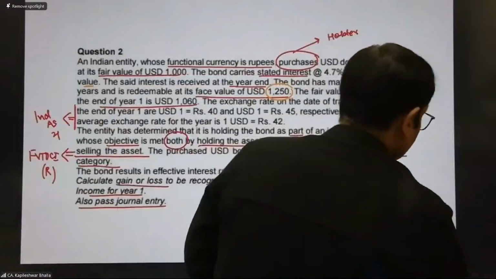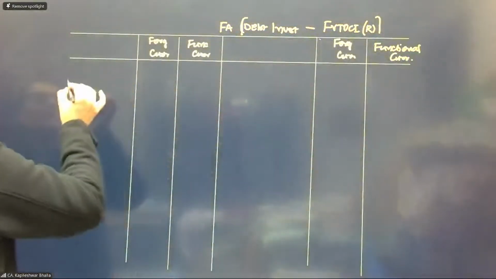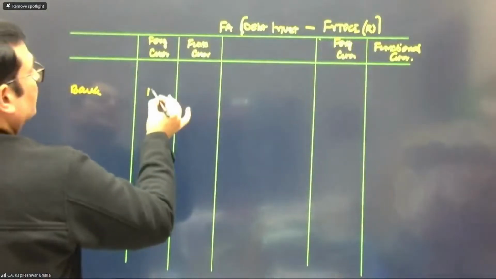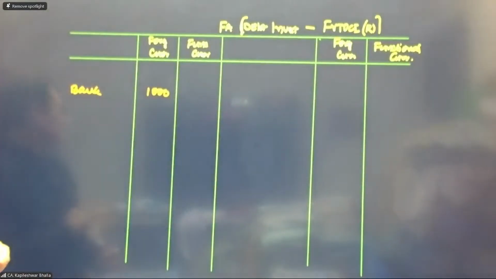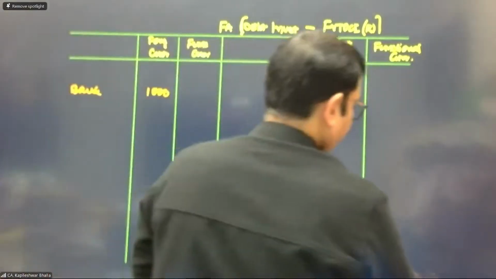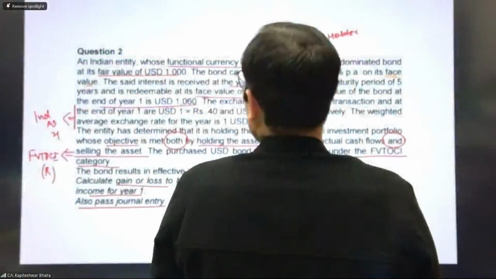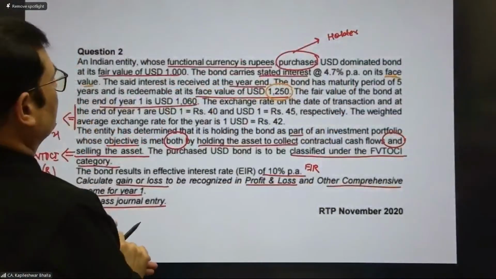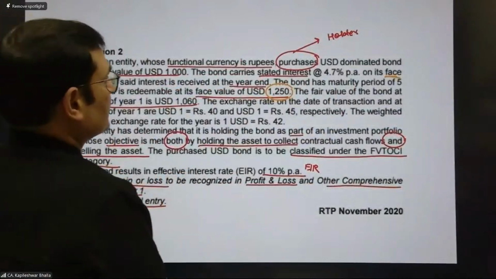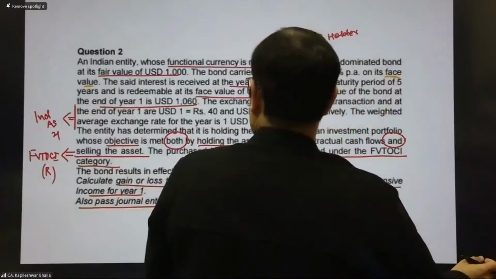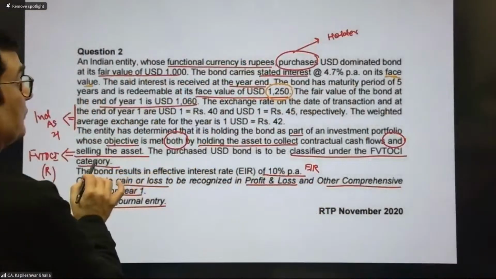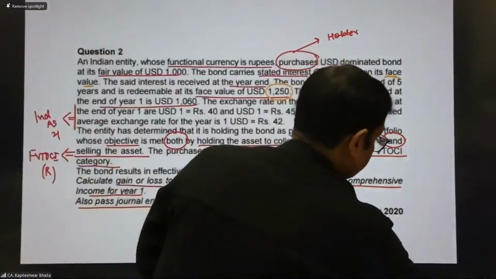So let's first record the inputs. So we will record this as bank. We initially made a purchase at a fair value which is 1,000. And this was on a particular date. I guess the date is not really given at the beginning of the year. So there is a coupon rate of 4.7, but there is an effective rate which is given, and the effective rate of interest is 10%.